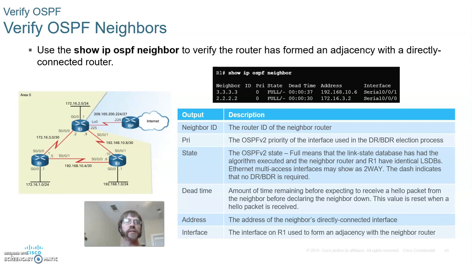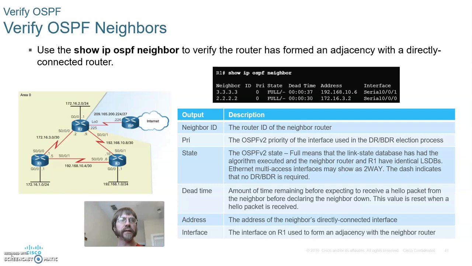The address is the neighbor's directly connected interface. And you will also see its physical interface. So in this case, router 1 is talking to router... Okay, the interface in this case, sorry, I misspoke. The interface in this case is the local interface through which that neighbor relationship exists.